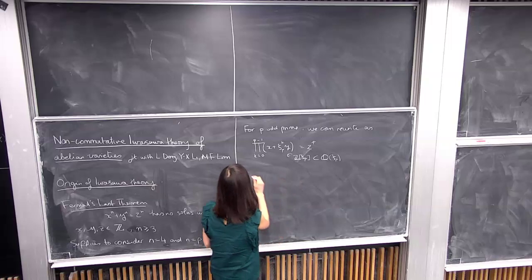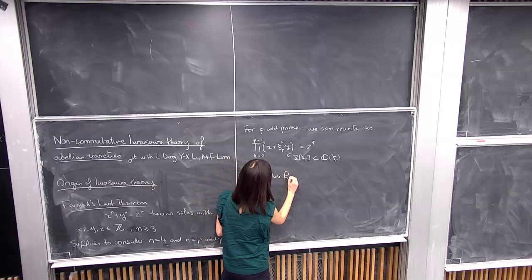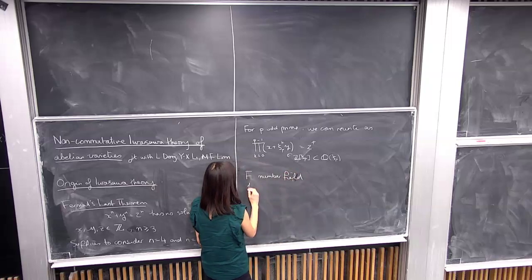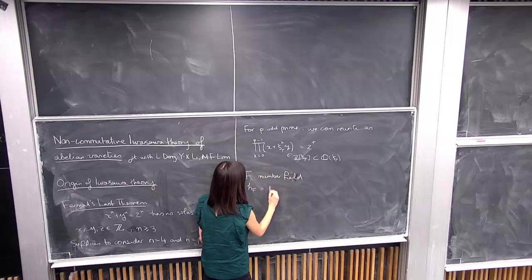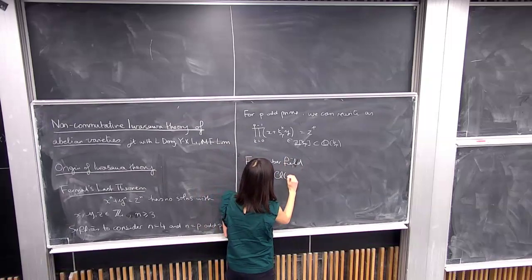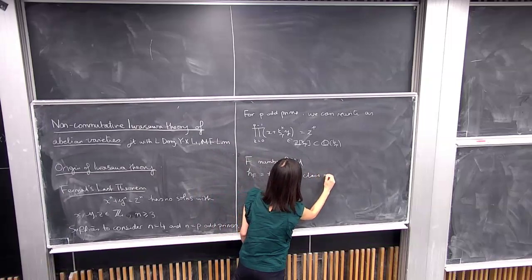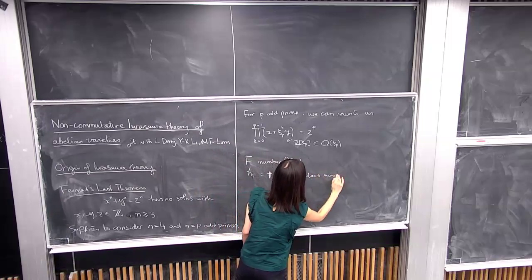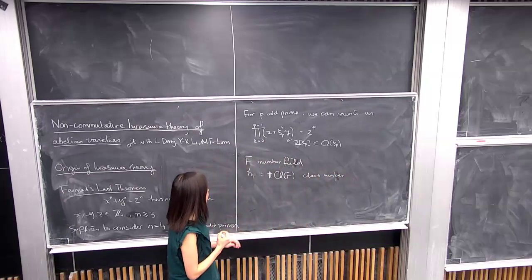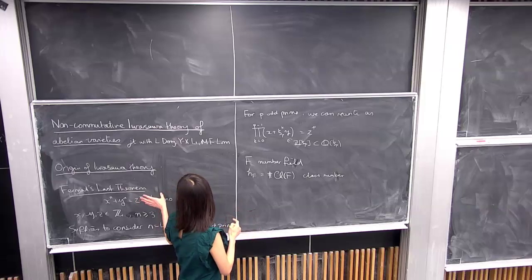So given a number field F, I'll write h_F for the class number, which is the order of the ideal class group of F. And now I can state the partial result towards Fermat's last theorem due to Kummer.